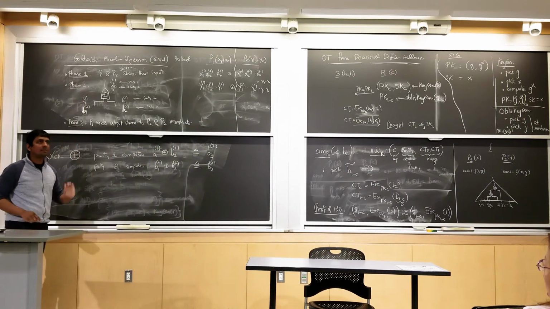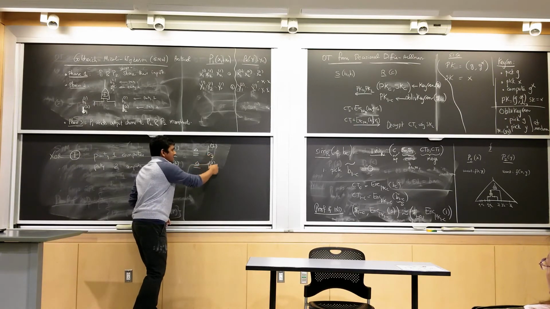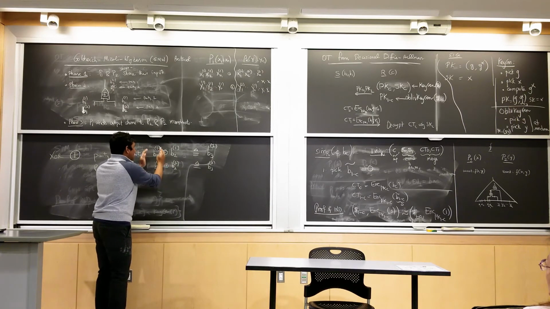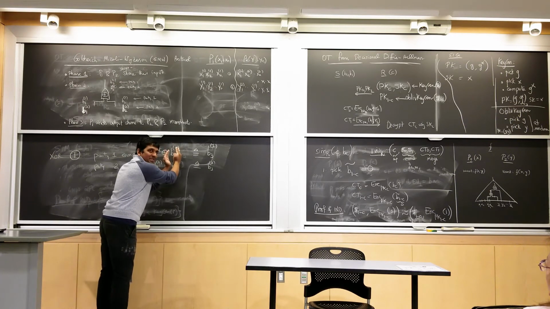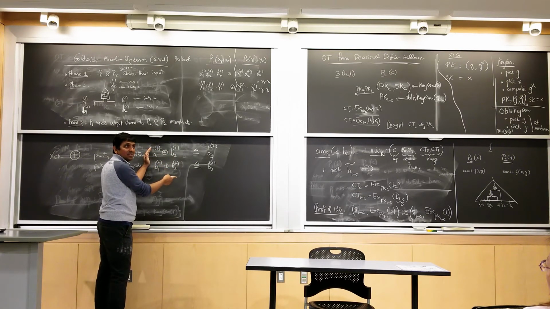Now I claim that the invariant is maintained. Why? Because the XOR of these 2 bits is the XOR of these 2 bits, which I can compute as the XOR of these 2, XOR of these 2. XOR of these 2 is B1, XOR of these 2 is B2. Makes sense?